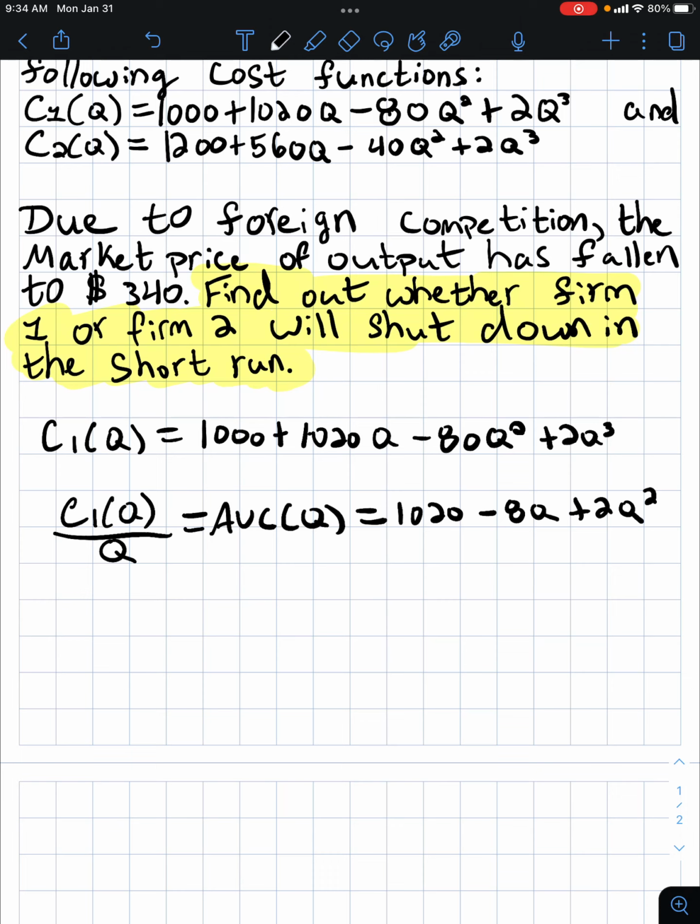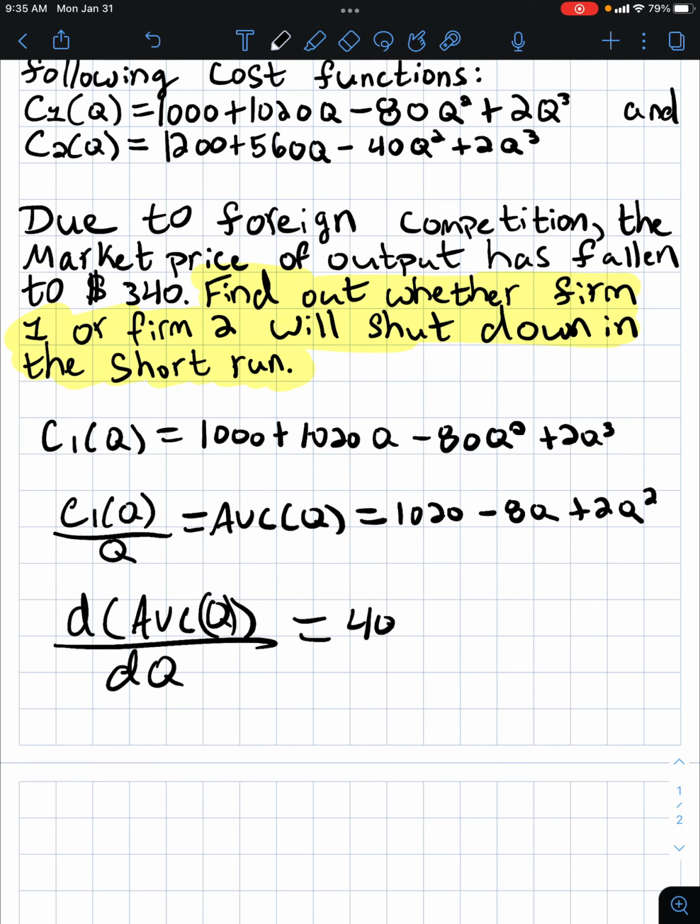Now we need to find our cost minimization point. To find this, we take the derivative of average variable cost with respect to Q. So it'd just be dAVC of Q, and then we differentiate with respect to Q, which gives us 4Q minus 80. Sorry, I messed up over here. 4Q minus 80 equals 0.